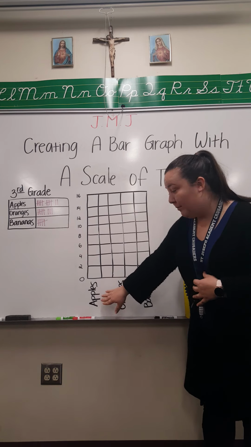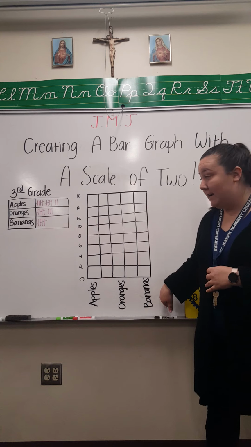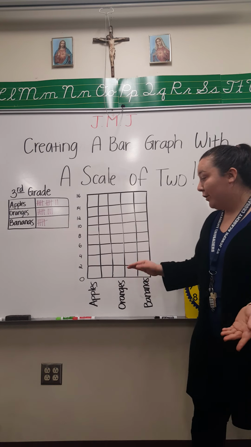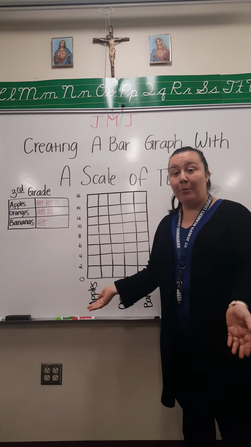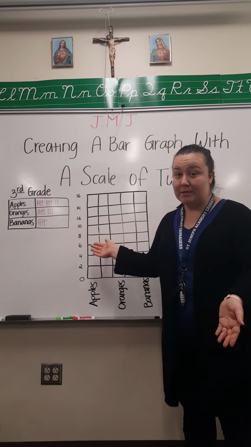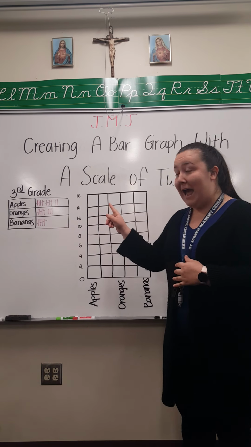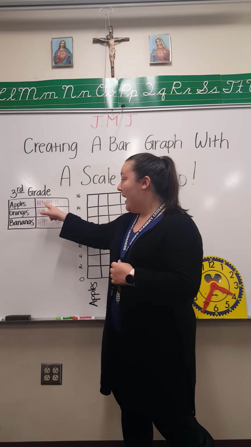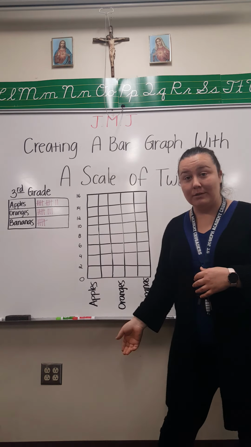So on our bar graph here, we have apples, oranges, and bananas. So today, we're going to fill this graph to a certain point of how many students like that type of fruit. So in 3rd grade class, for apples, 12 students liked apples.